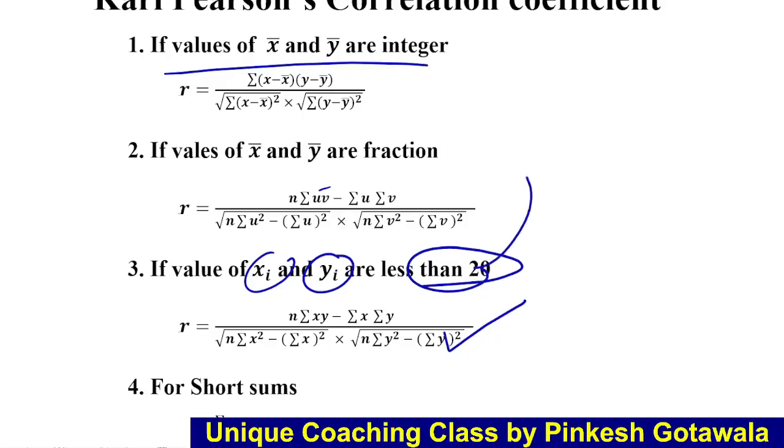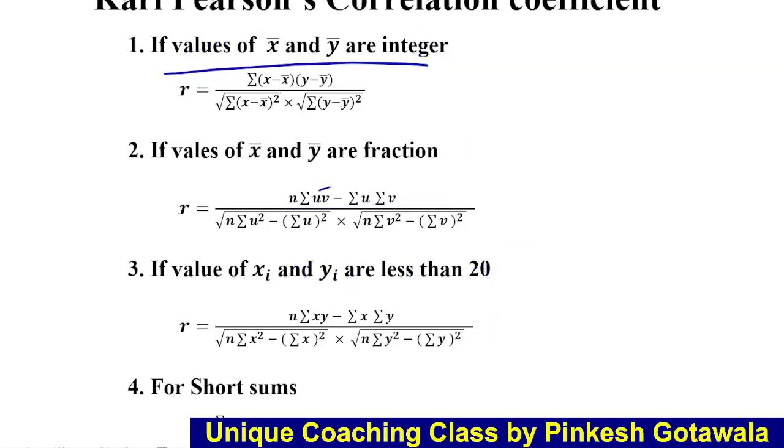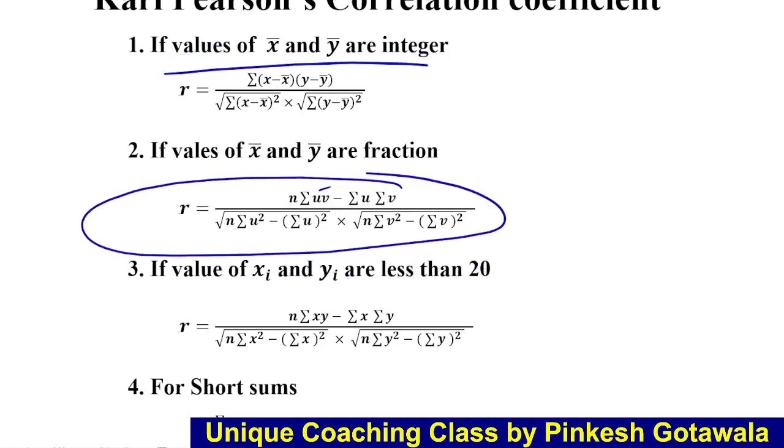But instead of this, if you apply formula 1 or 2, your calculation becomes hard. The answer is the same. Okay, clear? So now it depends on you. You go with the heading or in every case this second formula. Now the choice is yours, whichever you apply, the answer will be the same. Okay, clear?